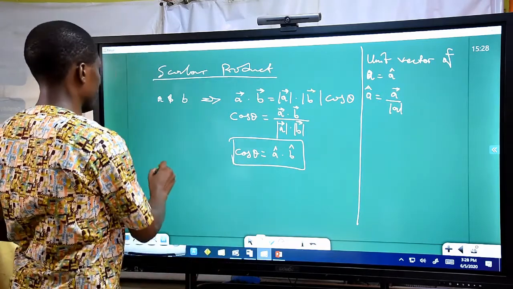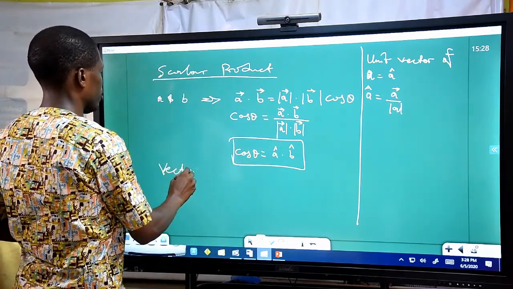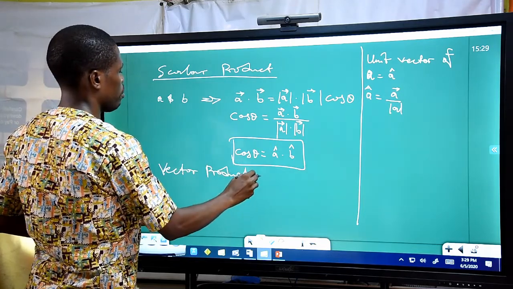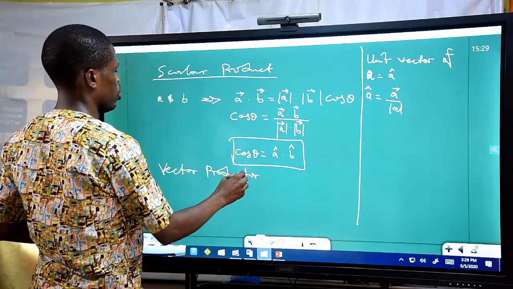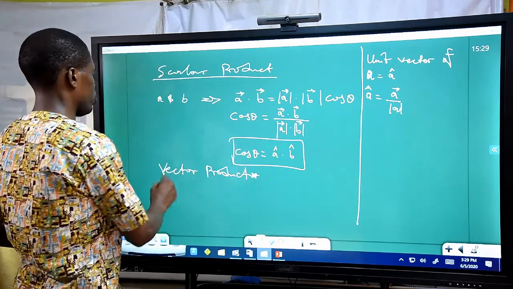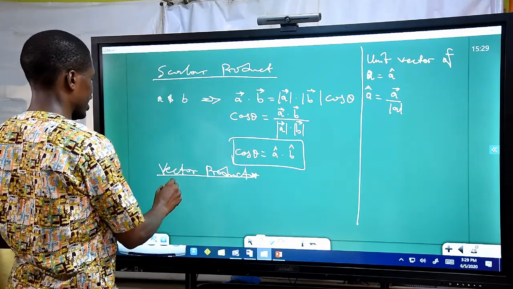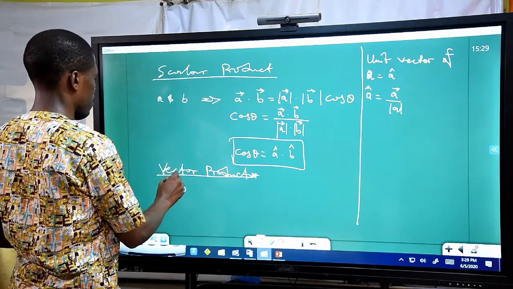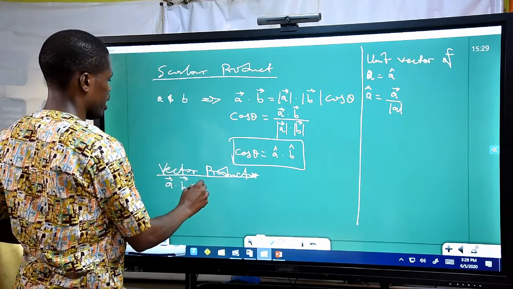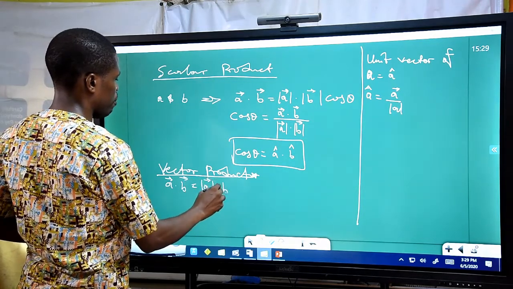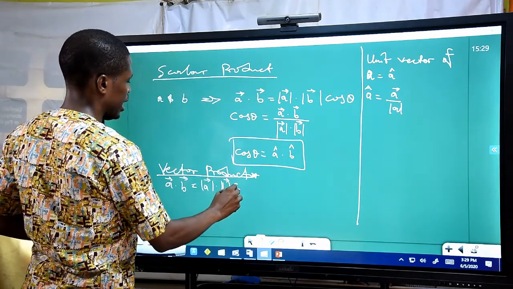But for vector multiplication, the vector product, instead of considering that, we look at the A and B as given: the modulus of A cross B is equal to modulus of A multiplied by modulus of B sine theta.